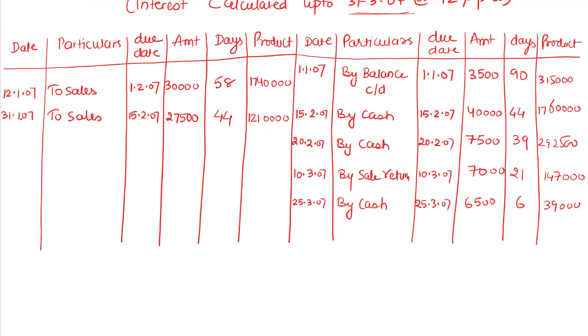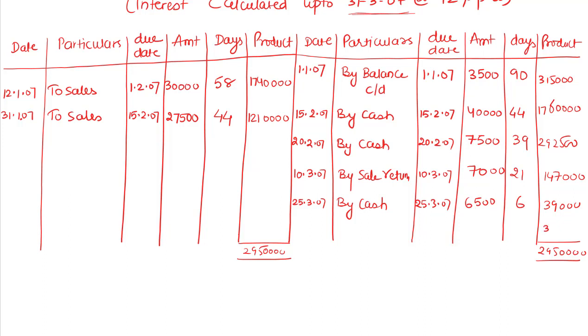Just do total of the product column over here. Total of the product column, 174 zeros plus 121 zeros. It is 295,000. The same total should be transferred over here. 295,000. Calculate the balance over here.